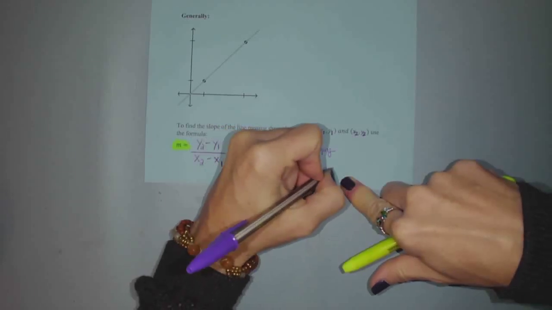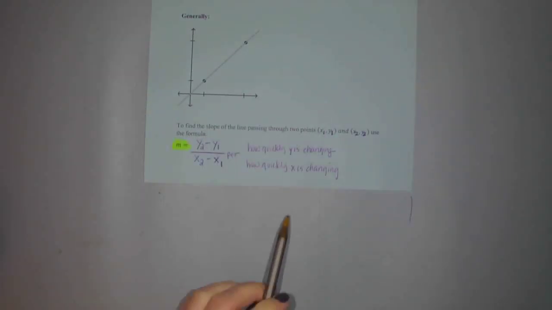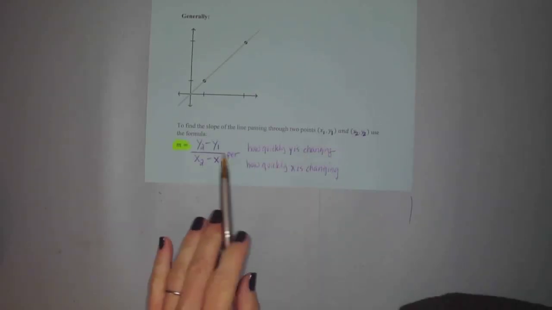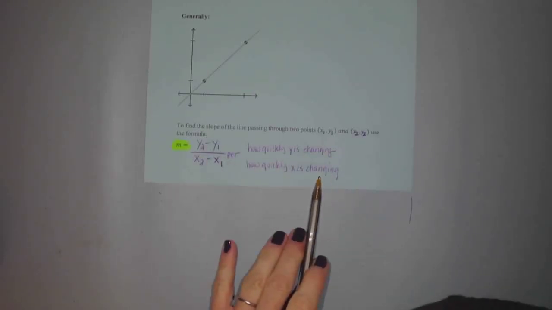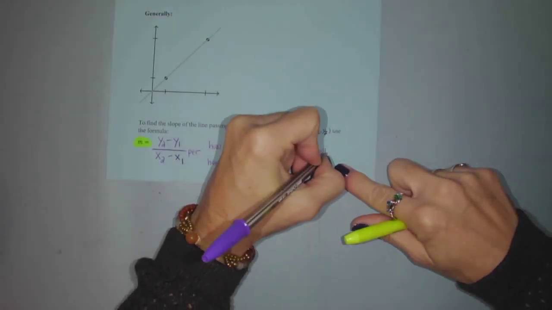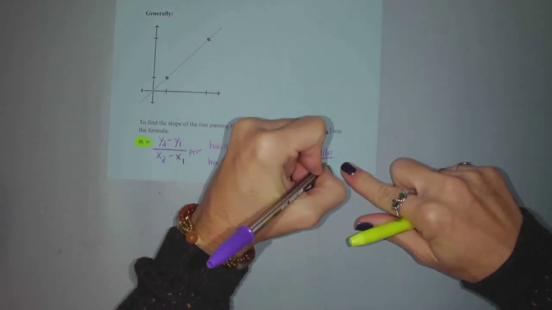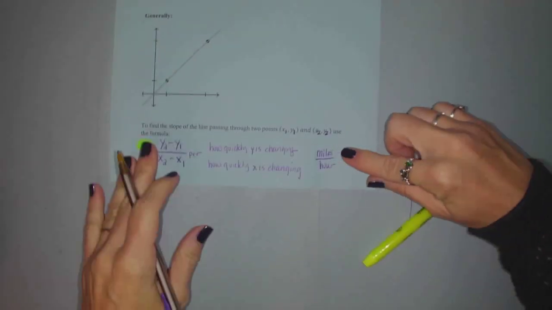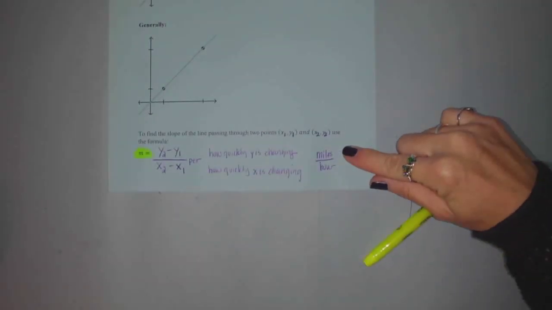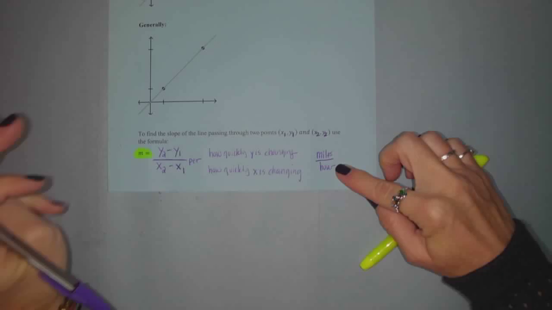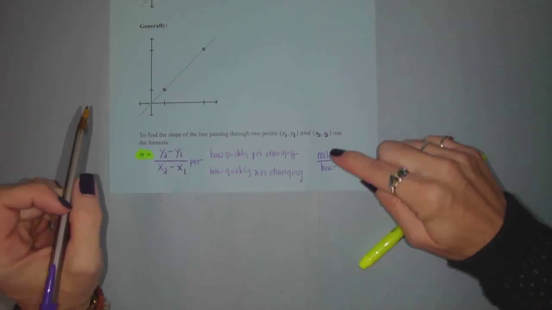That's why we divide. And we talked about that a little in the previous days. How quickly Y is changing divided by how quickly X is changing is going to give us things like miles per hour. So how quickly is your distance changing divided by how quickly your time is changing is a rate of change.